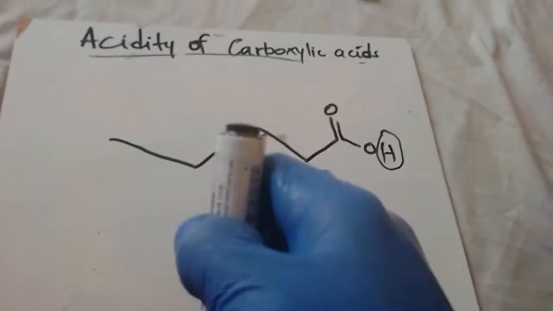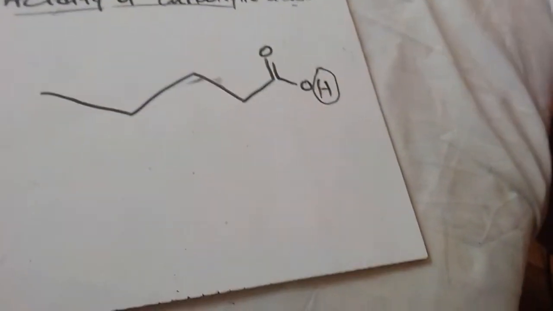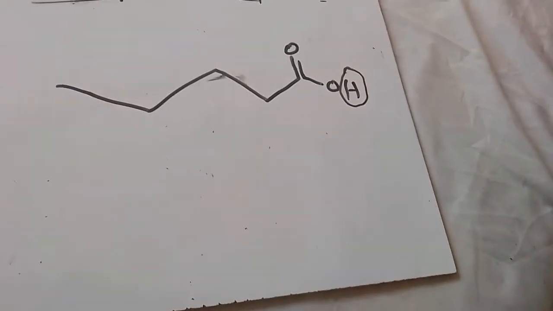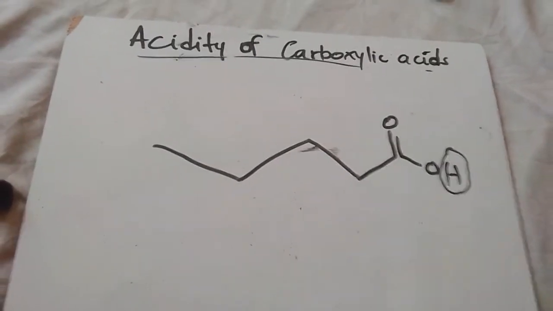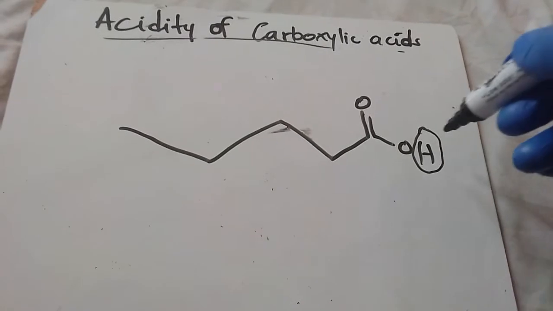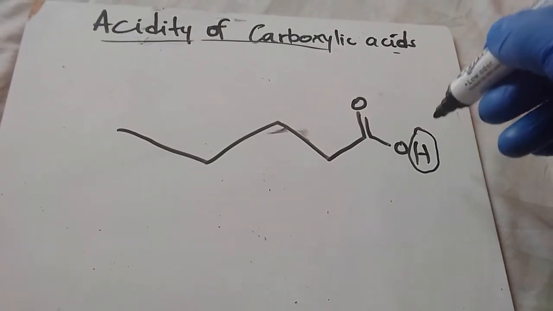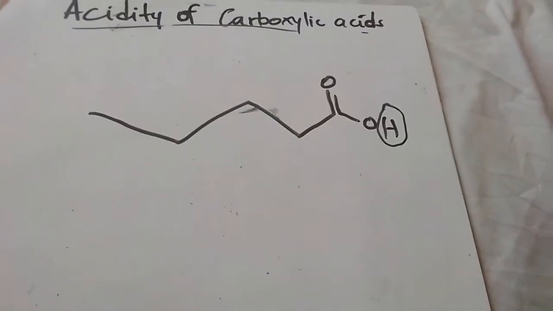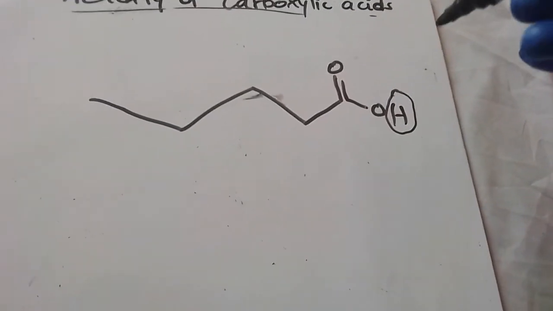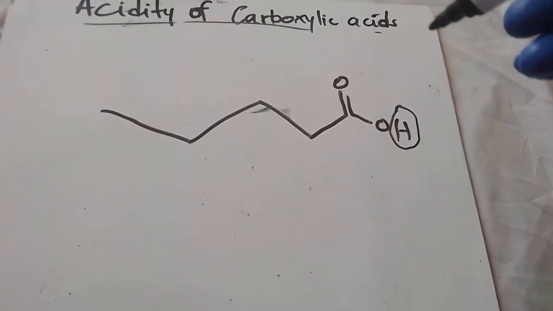Carboxylic acids in bases or aqueous solutions are able to donate these protons to a base, or let's say in aqueous solution. That's what defines their acidity. They are able to lose this proton to a needy compound that is in need of a proton. That defines the acidity of carboxylic acid.